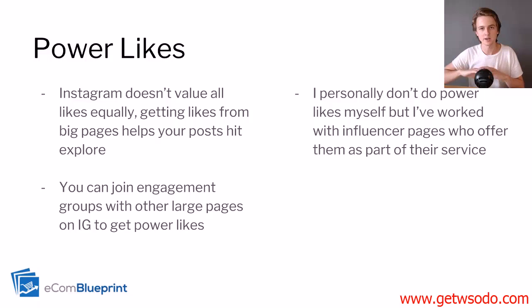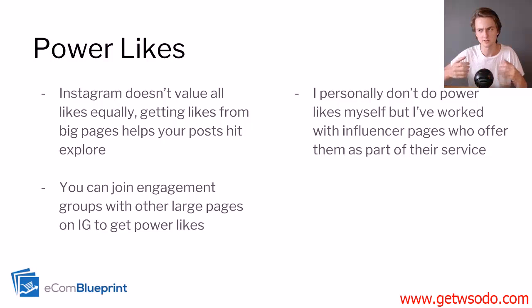So if you get hundreds of thousands of likes from fake accounts, that doesn't do anything to rank your post. It won't help you at all. But if you get a bunch of likes from pages that have 100,000, 200,000 followers, real active pages, if they all like your content, that's a sign to Instagram that you have really good content, and it should be shown to more people.